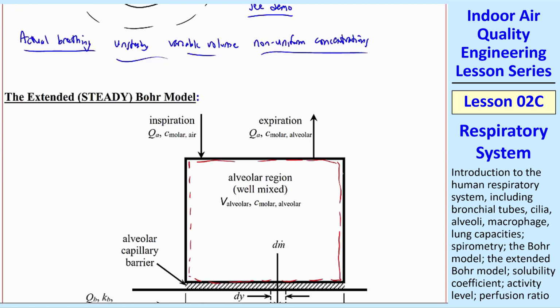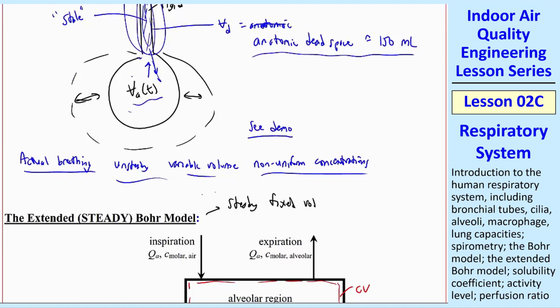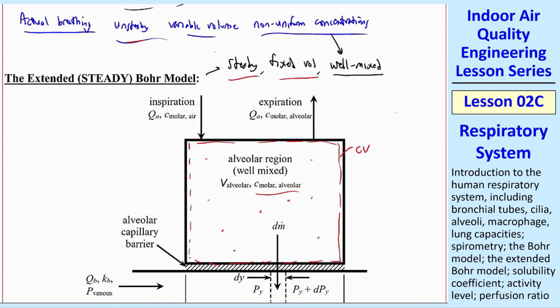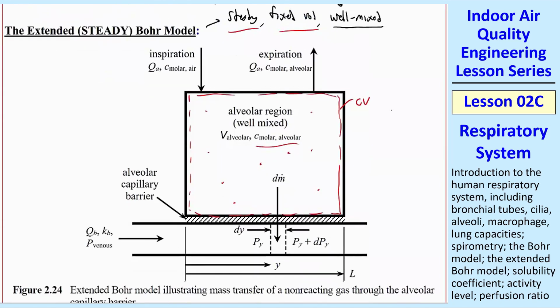So this is just a box, a control volume, and this model, we call it extended, but it's actually a simpler model because it's steady and we have a fixed volume rather than a volume that expands in and out, and we assume well mixed. So instead of non-uniform, it's well mixed, meaning it's the same concentration. If I take any place in this box, it's the same molar concentration, and it's a fixed volume instead of a variable volume, and it's steady instead of unsteady. So those three things are approximated. Here's what it looks like. We just have this box, which we'll pretend is the alveolar volume.